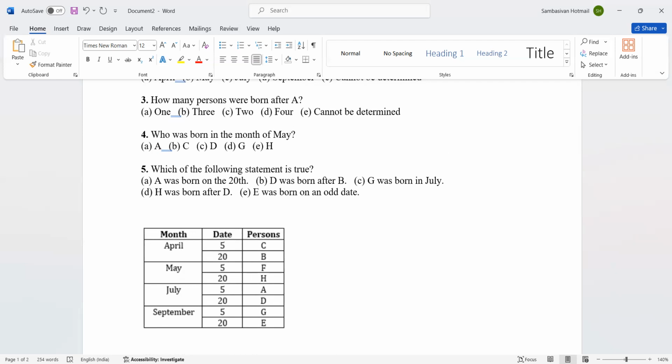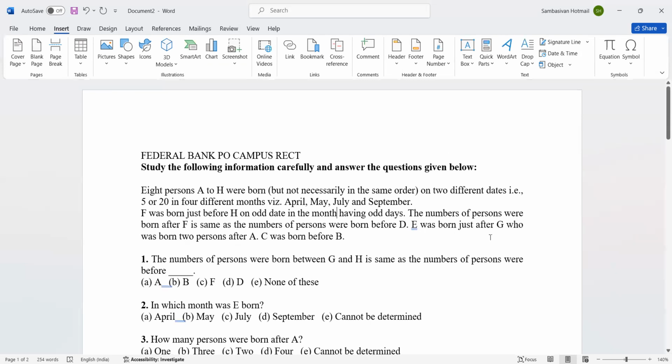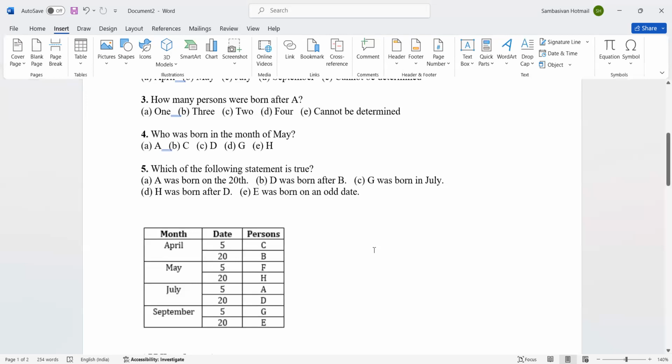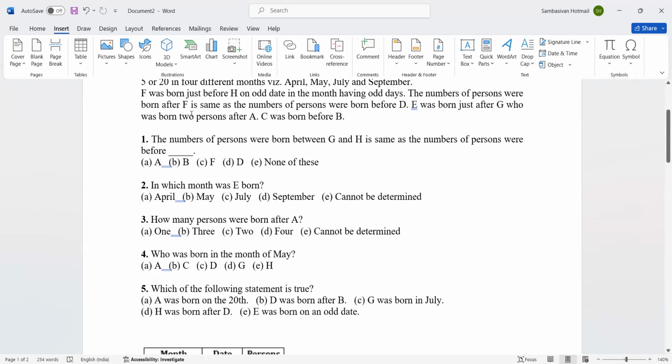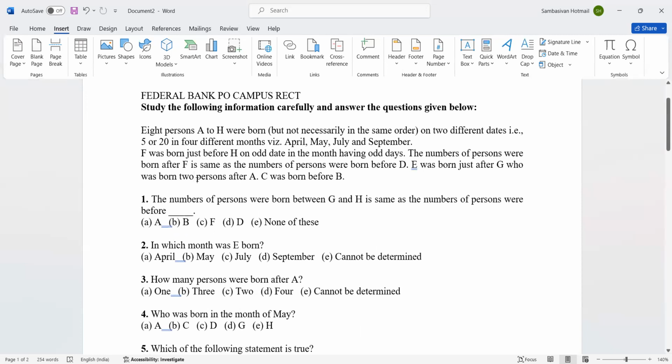I think this should be altered: G was born 1 person after A. It should be 1 person after A.